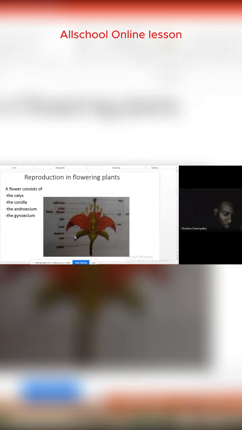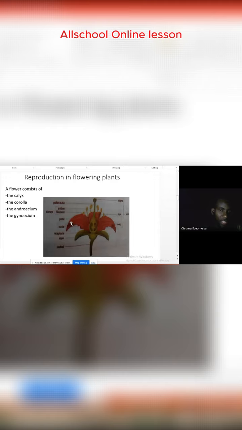Talking about the corolla. The corolla is the part of the flower where the petals are found. The petals are the unique modified parts of the flower itself.